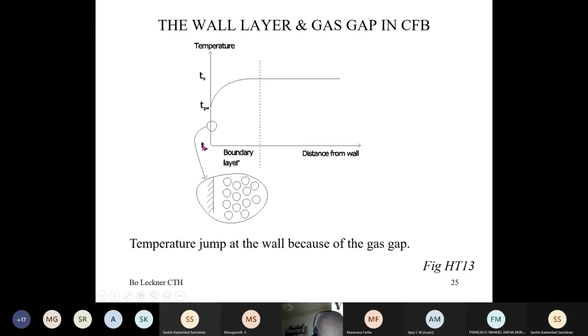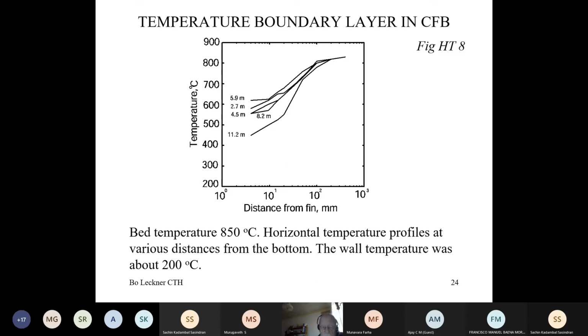The reason is this gas gap between the particles in the wall layer and the wall. A gas gap of 1 millimeter or a few millimeters, something like that.